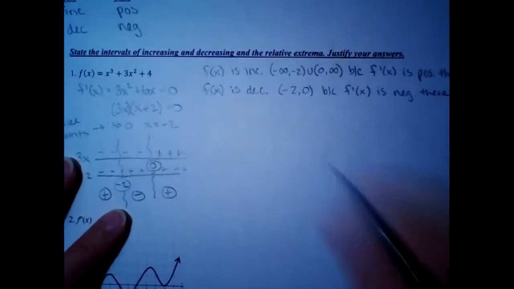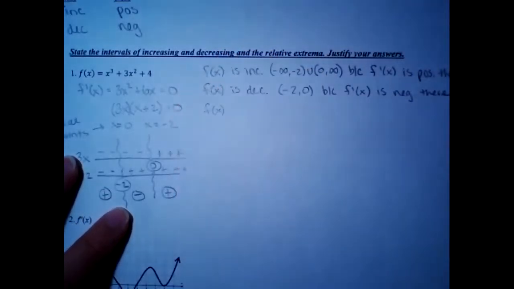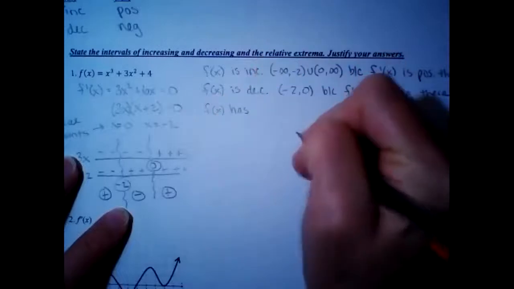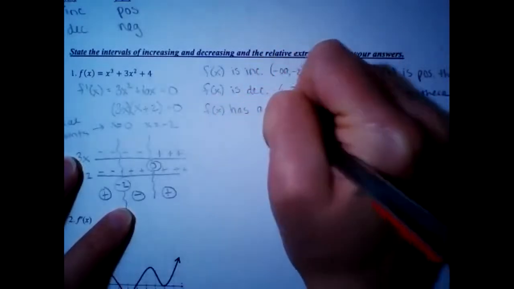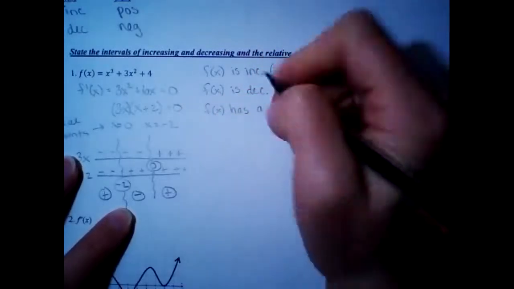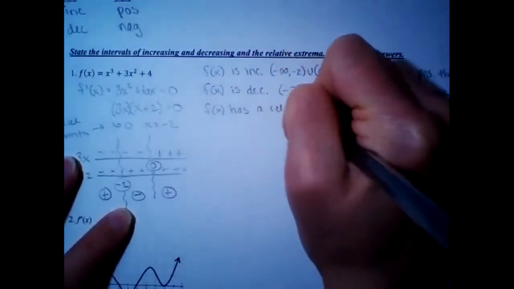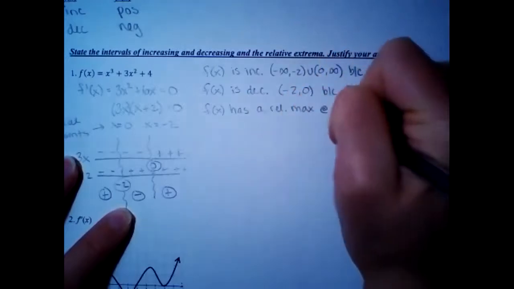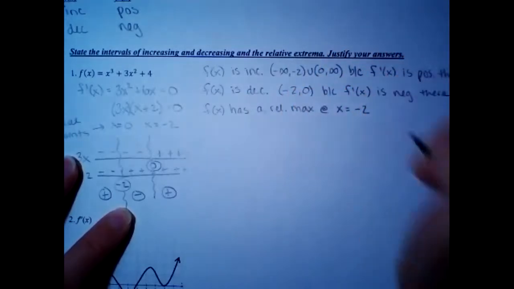And then we're going to write statements for the relative maximums and minimums. So again, your statement should start with f of x is or f of x has. So we're going to say f of x has a relative maximum at x equals -2.